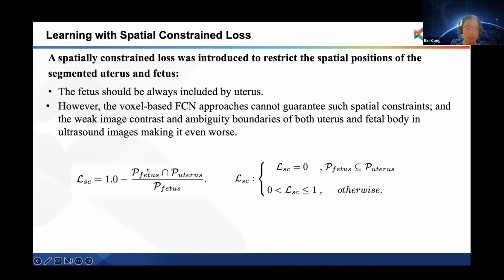The numerator is the intersection between the fetus segmentation and the uterus prediction, and the denominator, the following part, is the prediction of the fetus, right?